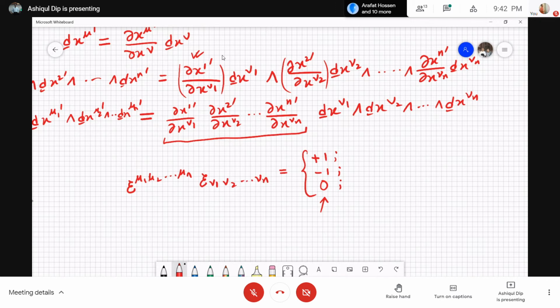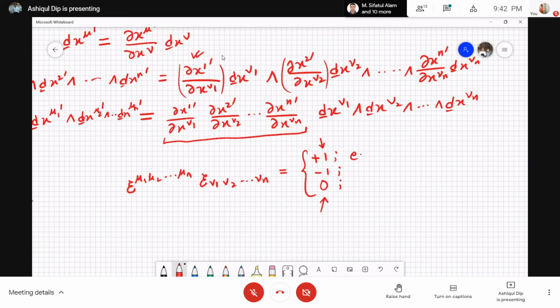So tell me, when do you get +1 out of this whole thing? When they both give one. Both odd or both even. Both have even permutation in indices, or both have odd permutation in indices, right?